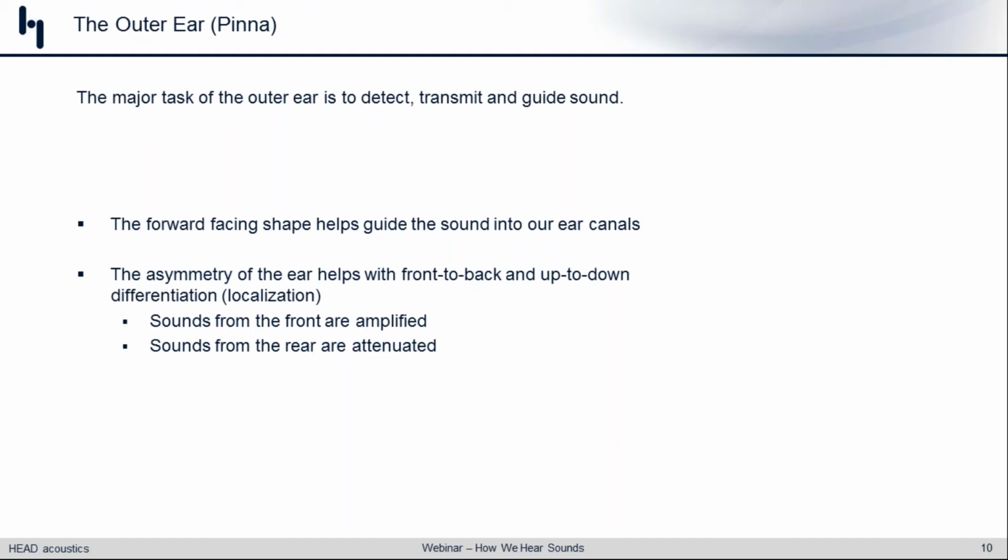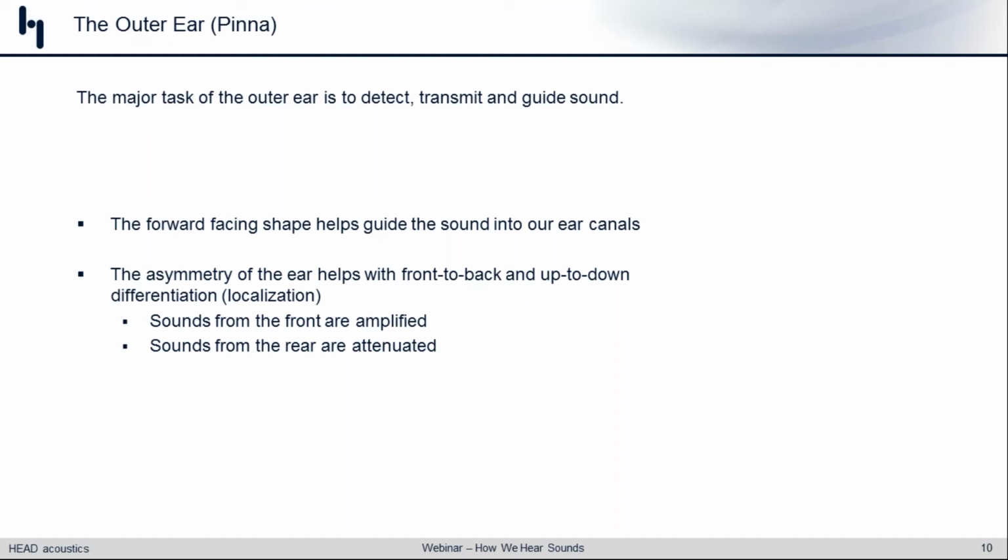Fundamentally, it's a nice satellite dish that funnels sound primarily from the front to the ear canal for later processing. Obviously, our ears, our pinna, are also asymmetrical, both in the horizontal plane, that helps us a little bit with localizing sound in the up-down direction, but also in the vertical plane, which helps us localize sound in the front-to-back plane.